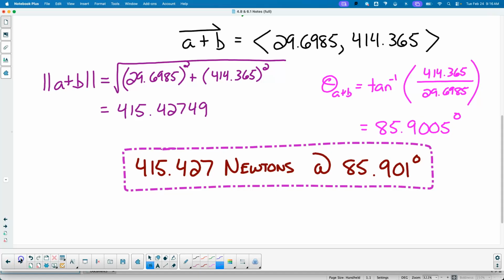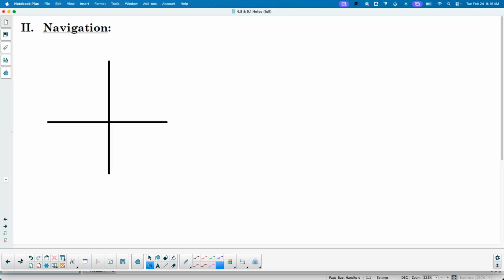Okay, so we're going to get a little deeper into word problems now, and we're going to add in a couple of things. First off, we've always been given navigation angles in one of two forms. The first form would be just a straight-up bearing of 170 degrees.